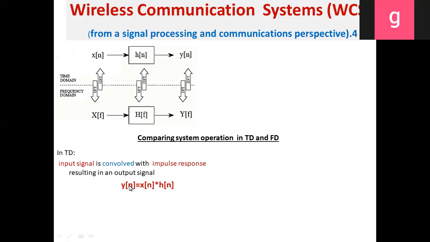So y of n is my output and x of n is my input, and h of n is the channel impulse response. You may ask, what is an impulse response function? As the name suggests, this function defines how something responds to some input signal, which we call an impulse.